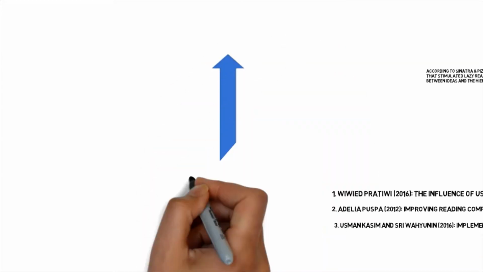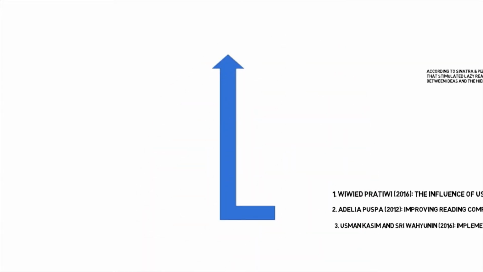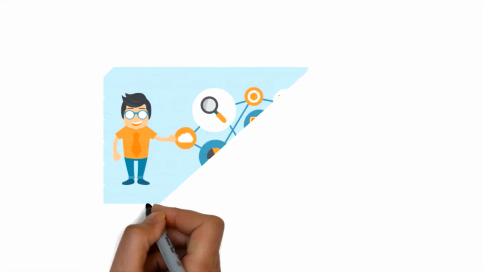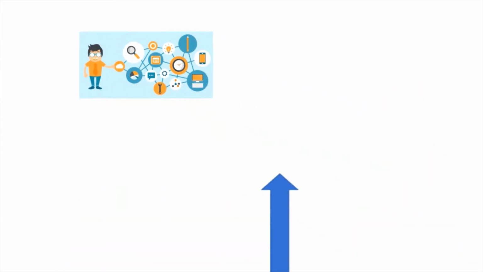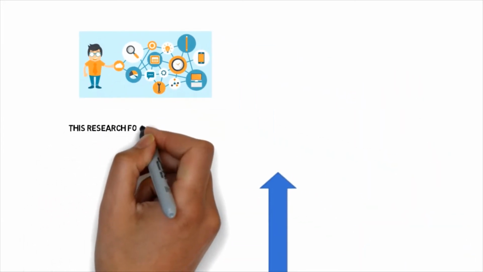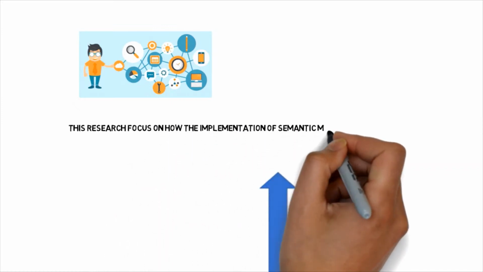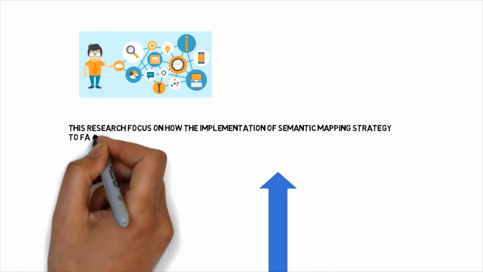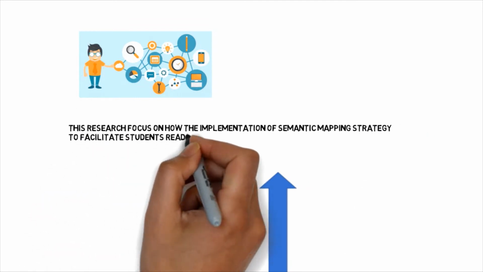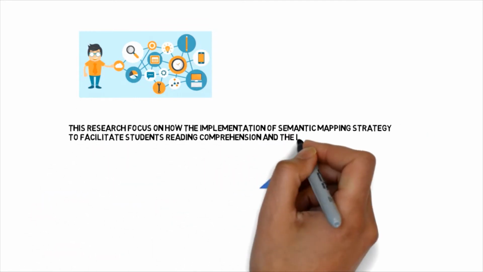Then, the difference of those previous studies with this research is that this research focuses on how the implementation of semantic mapping strategy facilitates students' reading comprehension and the impacts of using semantic mapping strategy for the 10th grade students of senior high school.